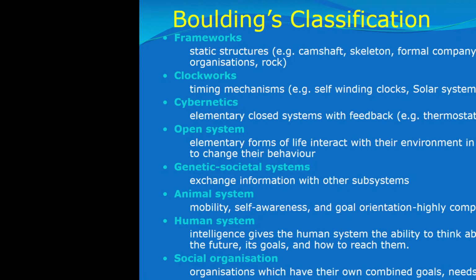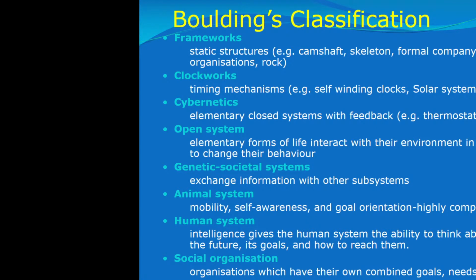Open systems, elementary forms of life, interact with their environment in order to change their behavior. Genetic societal systems exchange information with other subsystems, animal system, then human system.